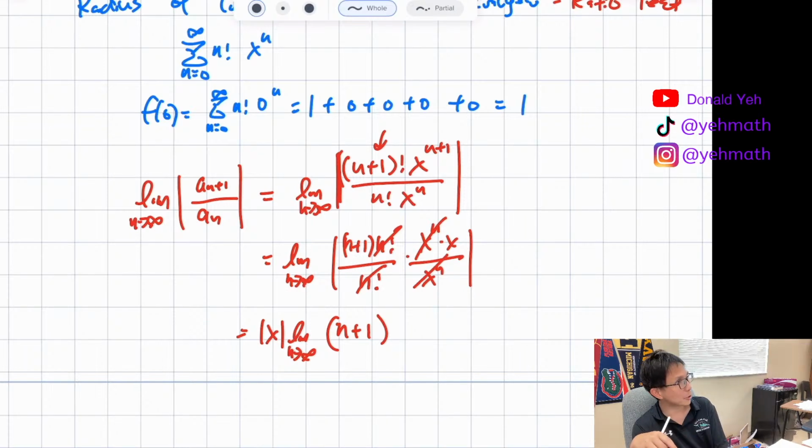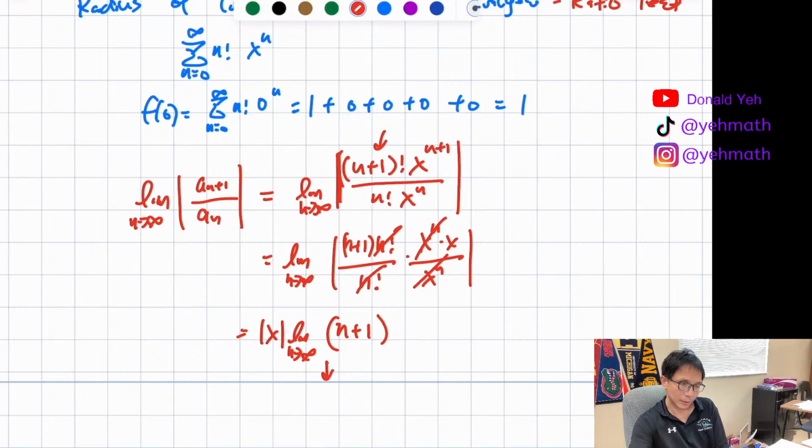Now, as n approaches infinity, what will happen? This result is going to be what? Infinity. Good job. So it doesn't matter what x is.